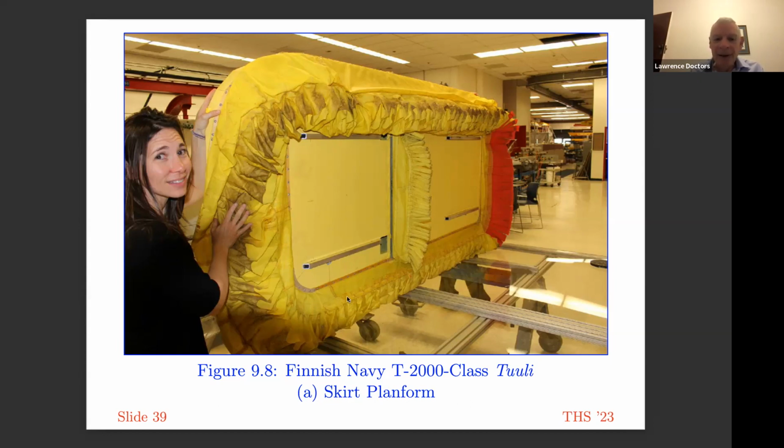So the skirt arrangement here is different again from what was seen. There are, in fact, pericells. If you look carefully, you can see the loop shape there. So these are the pericells, like individual cells going all around the perimeter. And I find a couple of features of this skirt fascinating.